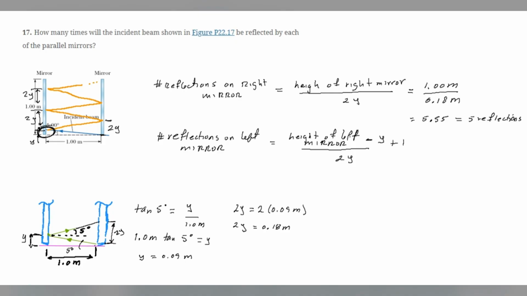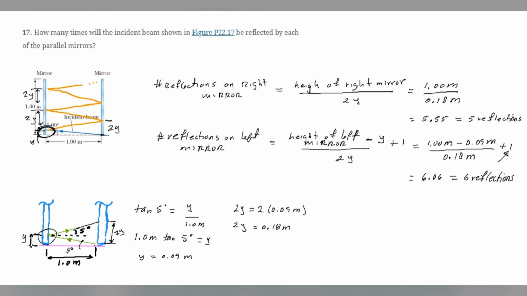That means 1.00 meters minus 0.09 meters, divided by 0.18 meters, plus 1. That is going to give you 6.06, which is going to be 6 reflections. This plus 1 is due to the initial first reflection that we had from the incident ray.